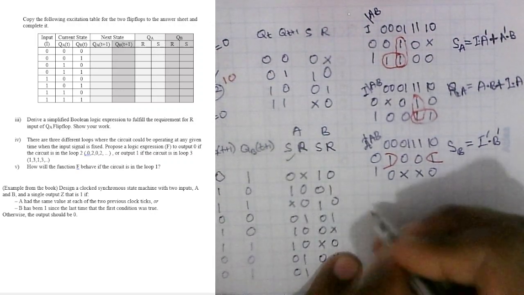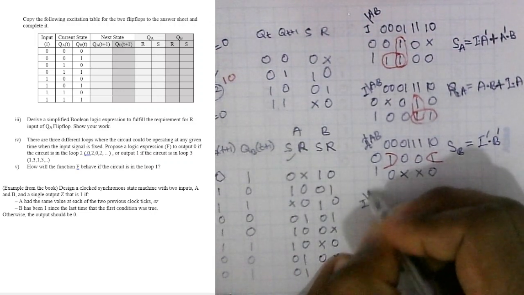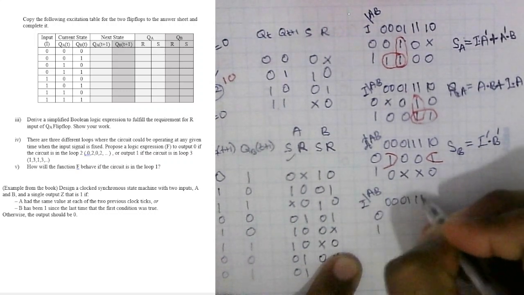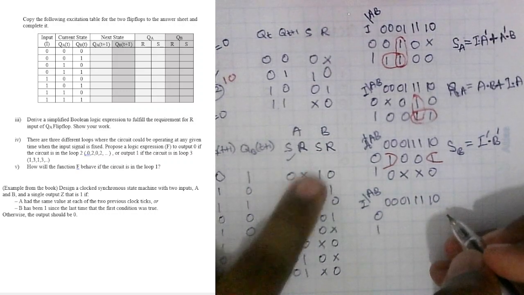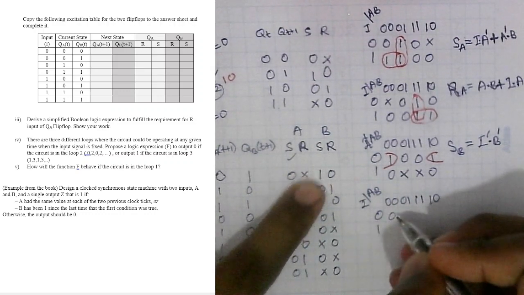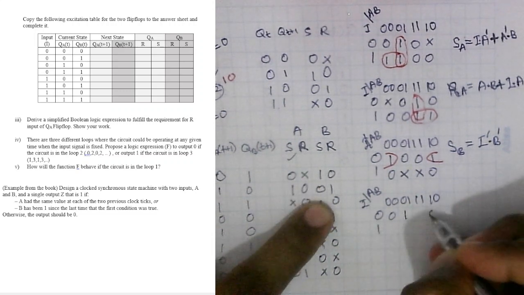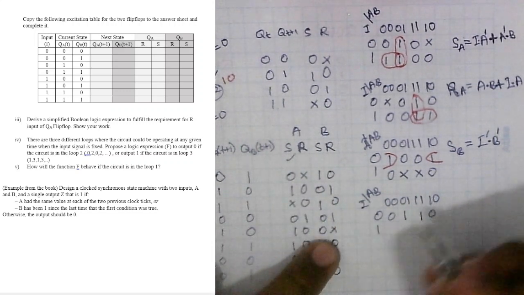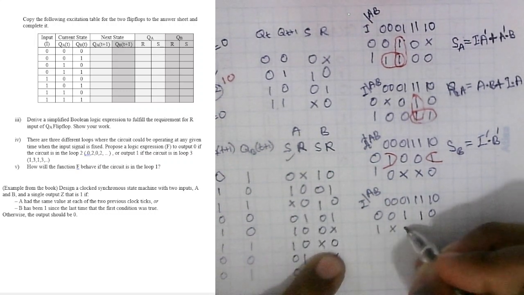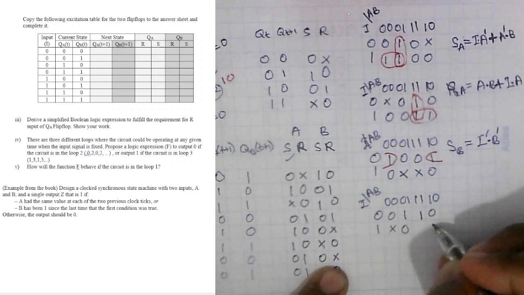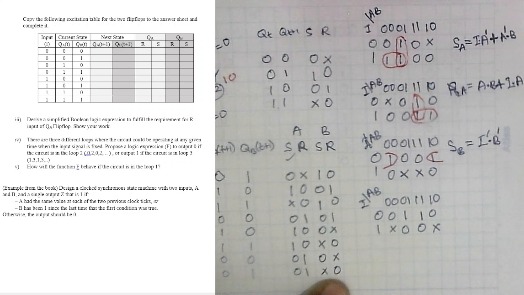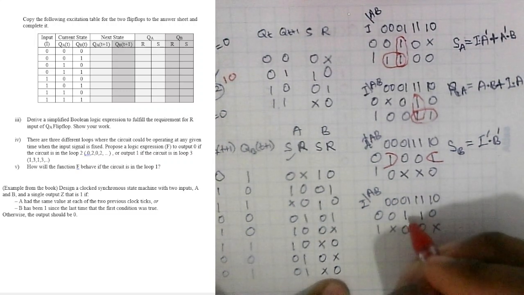I A B, 0 1 0 0 0 1 1 1 1 0. Let's copy this row here: 0 1 0 1. The fourth position is don't care, the fifth position 0, the sixth position don't care, this is going to be 0 as well. So this is also easy, a single group.